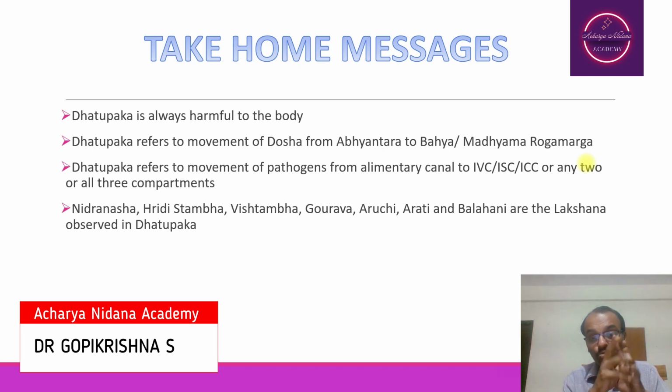In other words, the movement of the dosha from Koshtha to Shakha or Koshtha to Marma Asthisandhi. In other words, Dhatupaka refers to the movement of pathogens from the alimentary canal to the intravascular compartment, or from the alimentary canal to the interstitial compartment, or the alimentary canal to the intracellular compartment, or from the alimentary canal to any two or all three compartments.